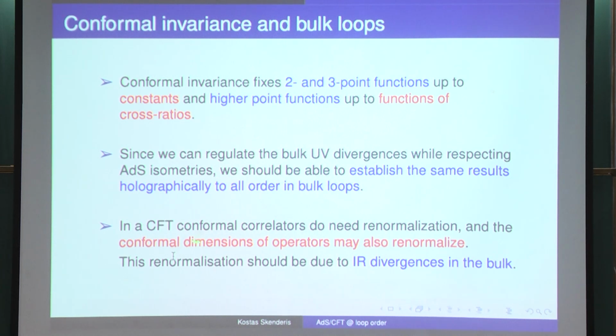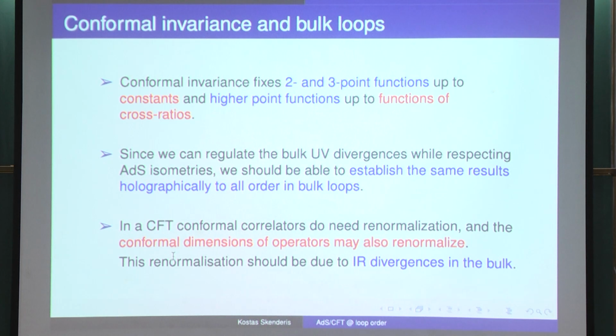Now in CFT, conformal correlators often need to be renormalized, and again we'll discuss tomorrow in which cases we need to renormalize and how. In particular, conformal dimensions also sometimes get renormalized. In the CFT, that happens because of UV issues. You have UV infinities, and then you remove those, and that induces an anomalous dimension.